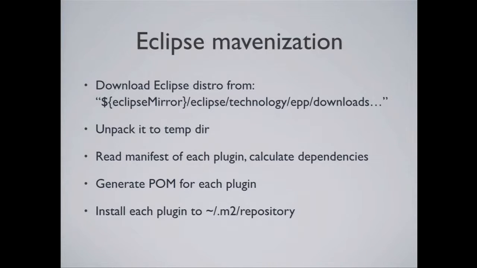This way, it kind of works. You can have your Eclipse bundles as Maven dependencies. Then some problems are solved, like OSGI dependencies become Maven dependencies, and you get transitive dependencies and so on.